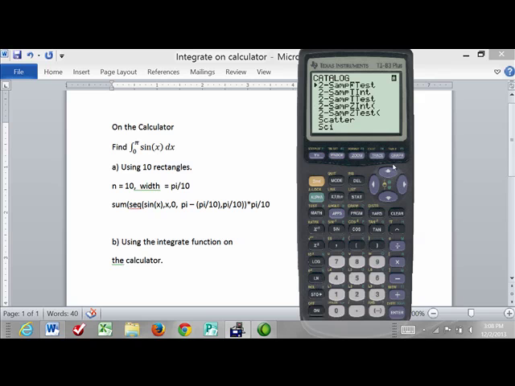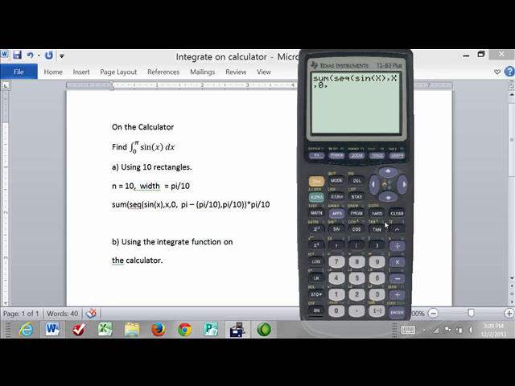Sorry, I hit natural log, and then scroll to S, SEQ this time, sum sequence, and then you put the function, the sine of x, close that parenthesis, then comma x, then comma 0, then comma pi minus pi over 10.